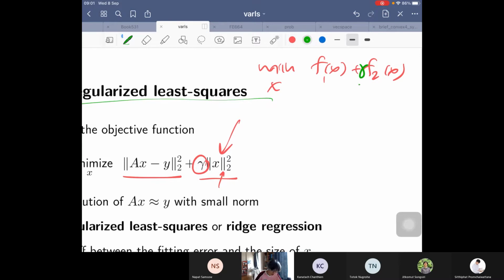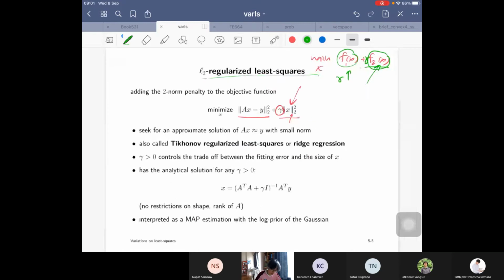If you set gamma to be bigger than 1 and high, it means you penalize F2 more, which means you want F2 to be smaller relative to F1.